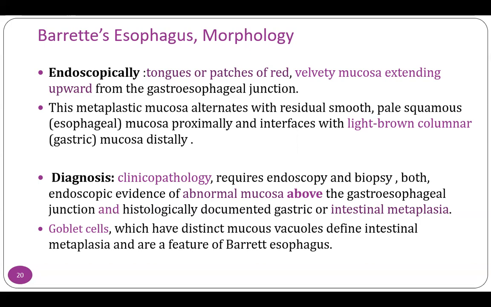What I'm trying to explain is the way we diagnose Barrett. So the clinical history looks like reflux disease, we do the endoscopy, we see something weird, we see some light brown or dark or red mucosa within the lower squamous white gray mucosa, and we suspect here the diagnosis of Barrett esophagus.